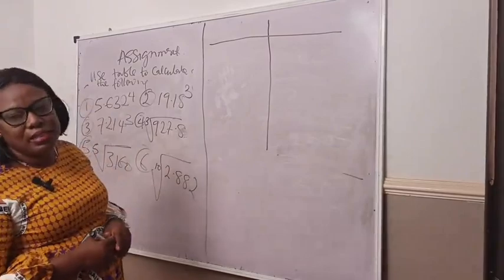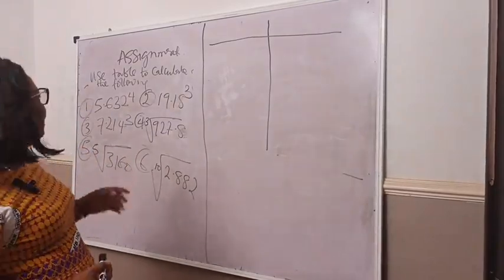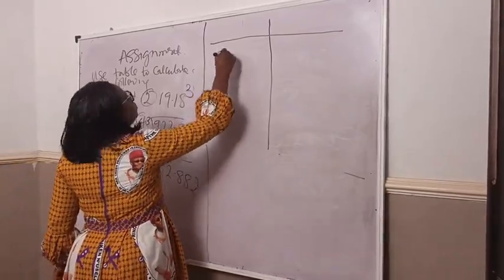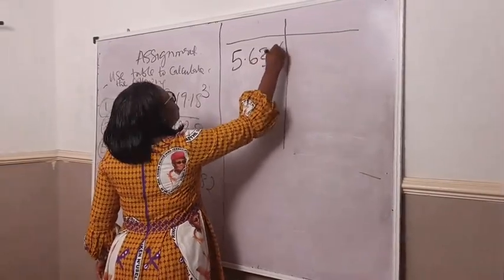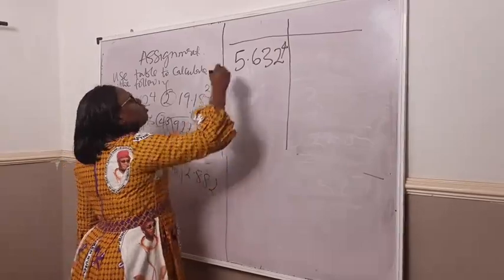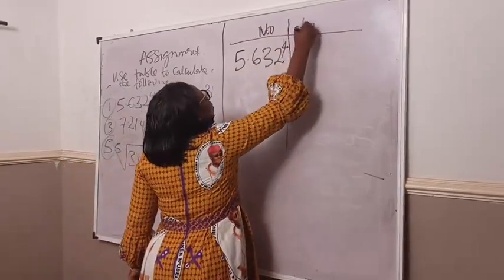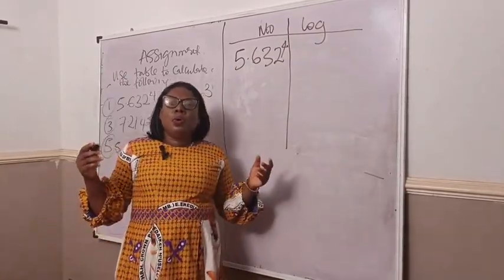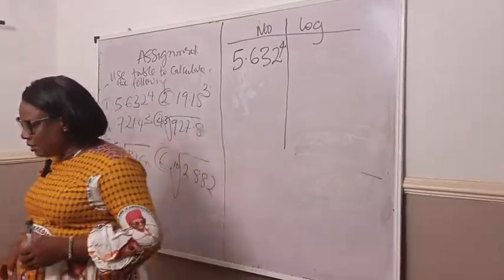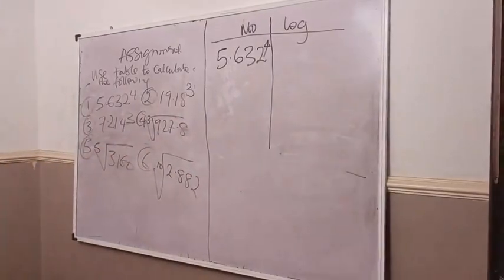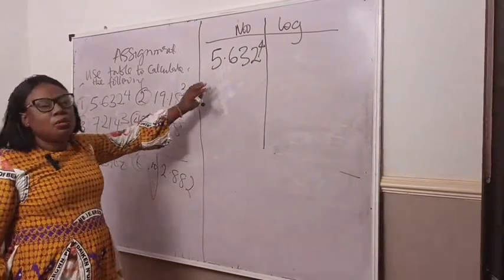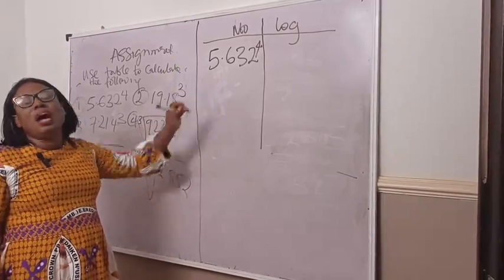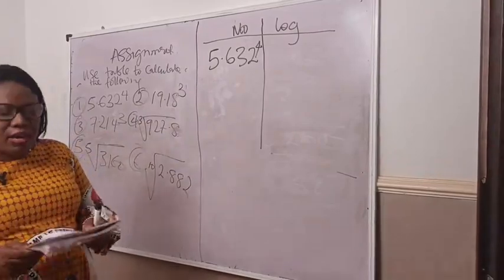So I gave some assignments. Those that have been following me, if you got it right, we'll solve it together before we start today's work. The first thing we do in every logarithm is that you know how to put the integer or the characteristic.